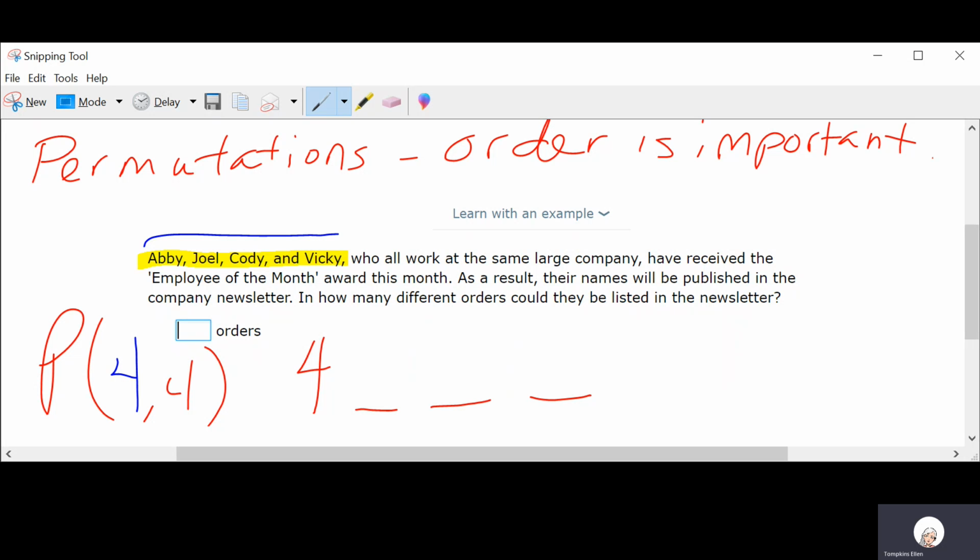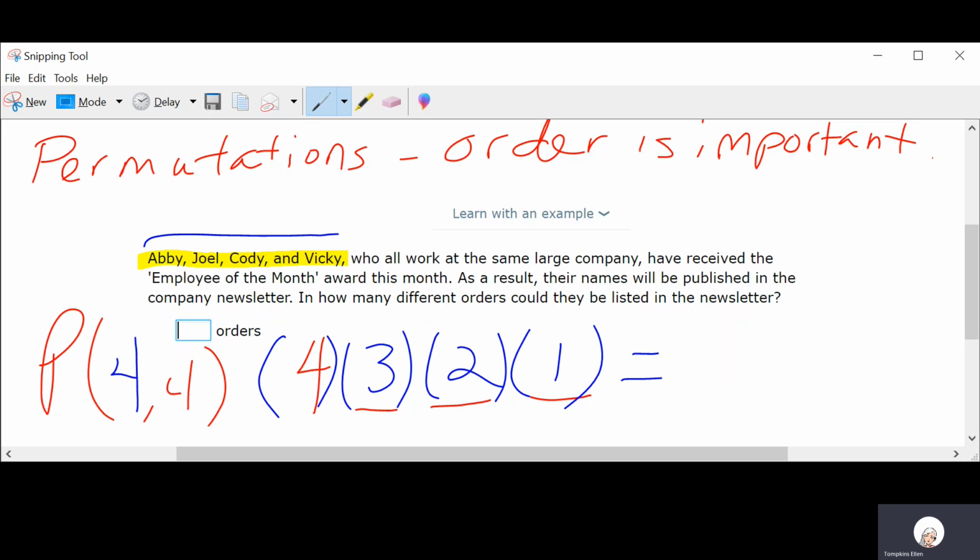So in this case, 4, because you have the 4 of them. And then you're going to take 3, 2, and 1, and you're going to go in descending order. So it's going to be 4 times 3 times 2 times 1. So you're going to get 12 times 2 is 24 times 1, so 24.